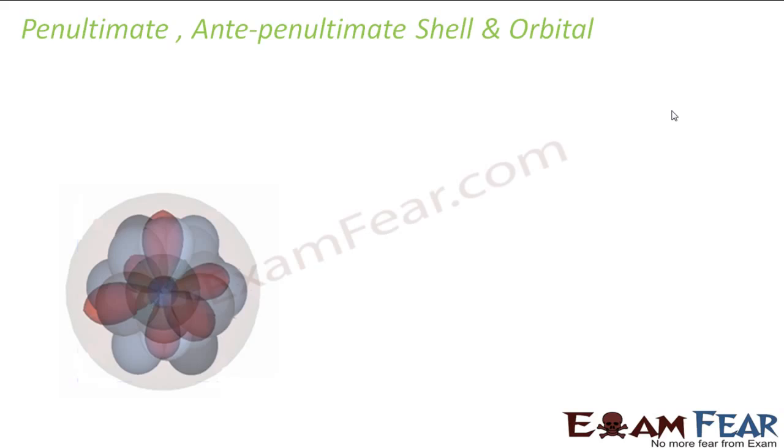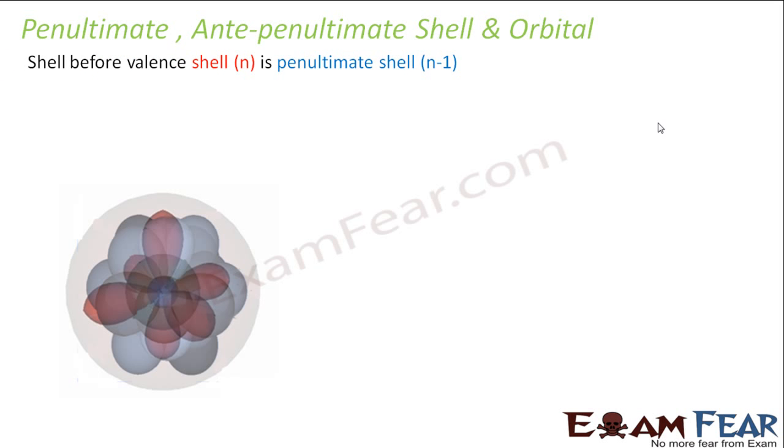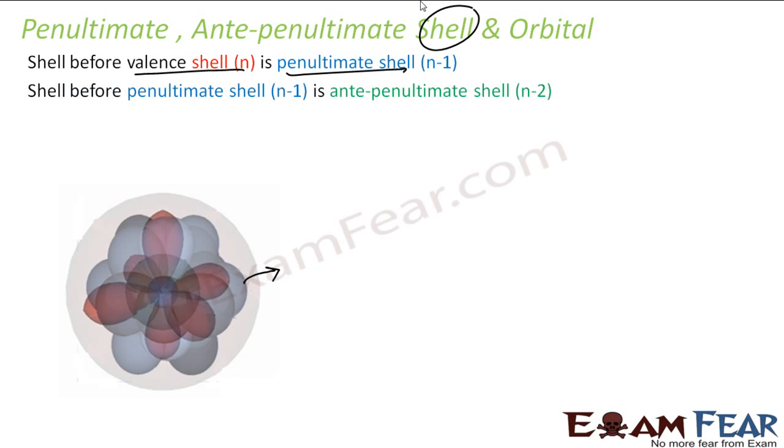We have a term called penultimate and anti-penultimate shell and orbitals. We'll use this term, so I'm just explaining it to you now. Penultimate is the shell before my final shell. So if this is my final shell or valence shell, the shell before that is my penultimate shell. Please note I'm talking about the shell now.